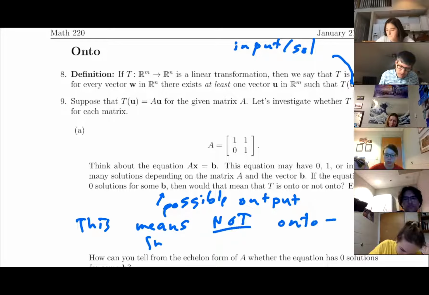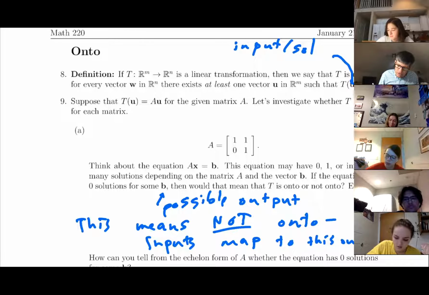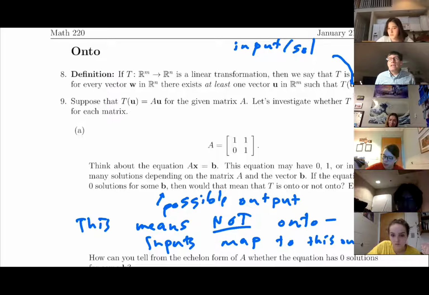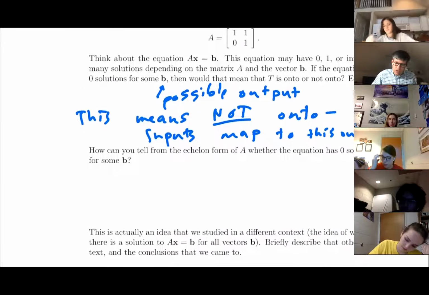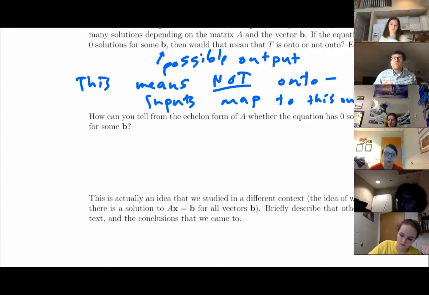No inputs map to this particular output B. Again, I'm thinking of B as my output, and any solution would be something that maps to B. So if it has 0 solutions, that means that nothing maps to B. It's not onto. Stuff is missed. So 0 solutions means that it is not onto.